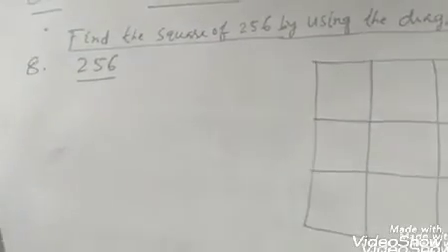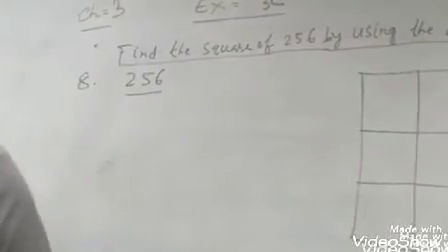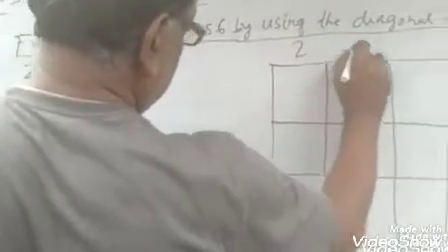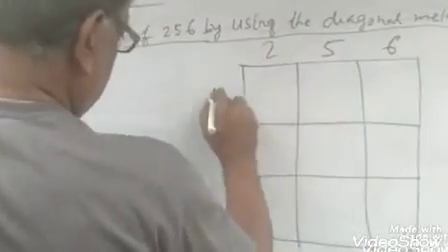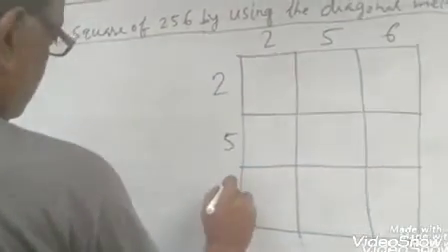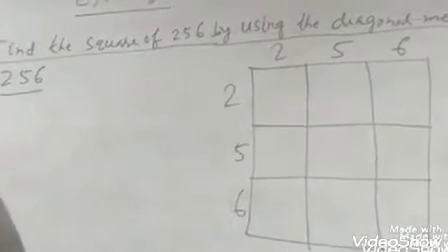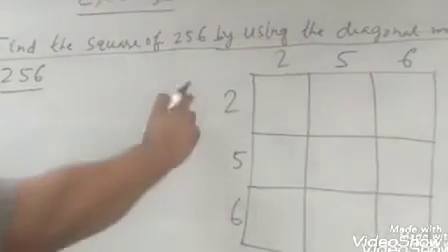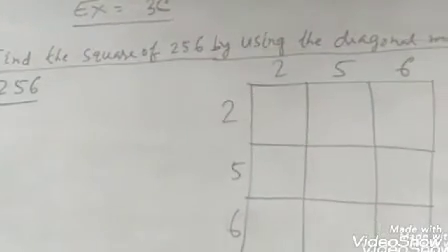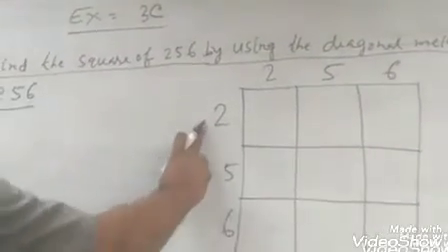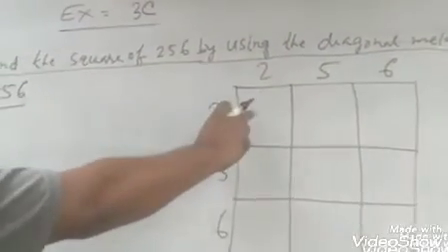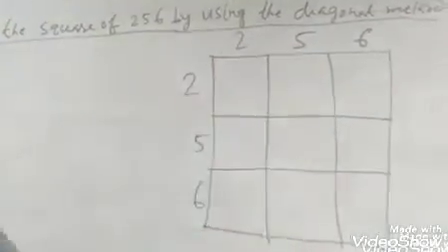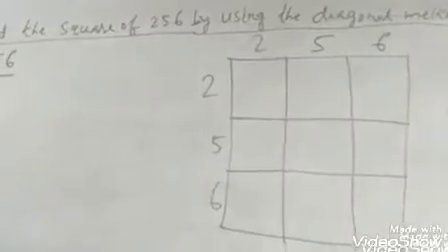And write down 256 horizontally and vertically. Multiply each digit on the left of the square with each digit on the top, one by one.